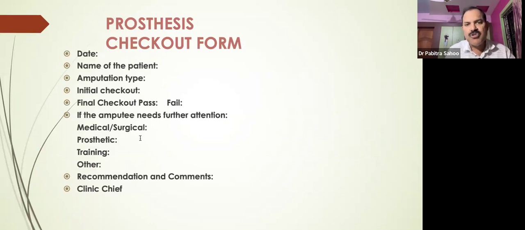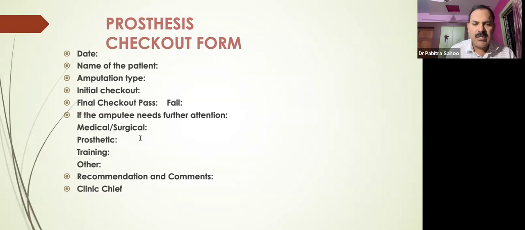There is a definite prosthetic checkout form where everything is to be mentioned: what type of prosthesis, what type of amputee, what was the initial checkout, what problem was detected, and how it was subsequently cleared, and when the final checkout is done, whether all your requirements are fulfilled or not, whether the patient is having a near normal gait or not.